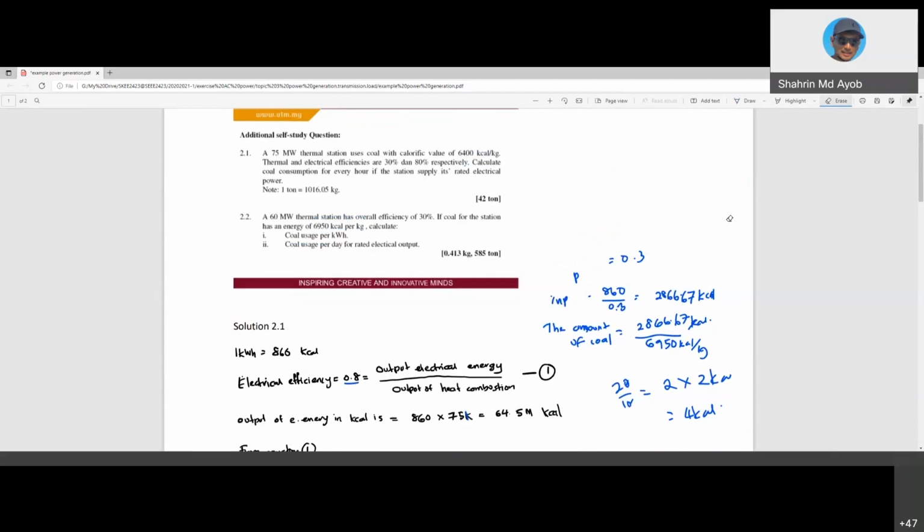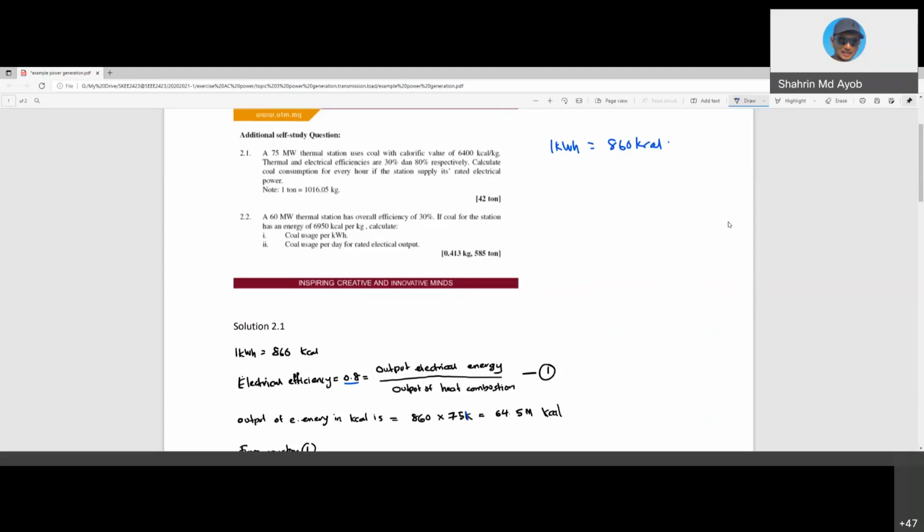How much coal needs to be used to generate electrical output of 60 megawatts, 60 megawatt per day.